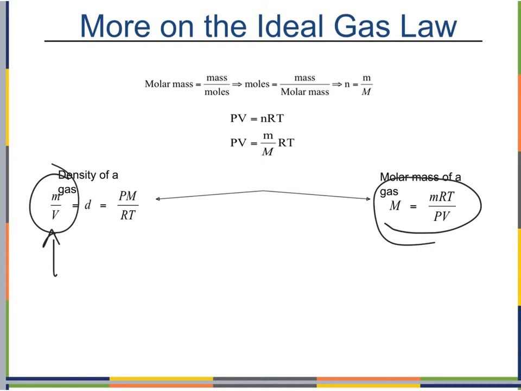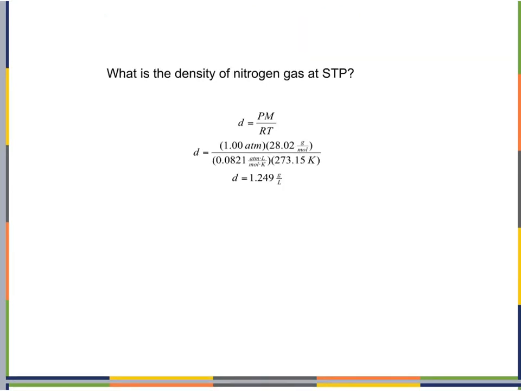Okay. And then we can get to where the molar mass is now equal to the mass of that sample times RT over PV. Once we know that, we can get to the density component. Okay, again, back out and get density in terms of mass per unit volume.